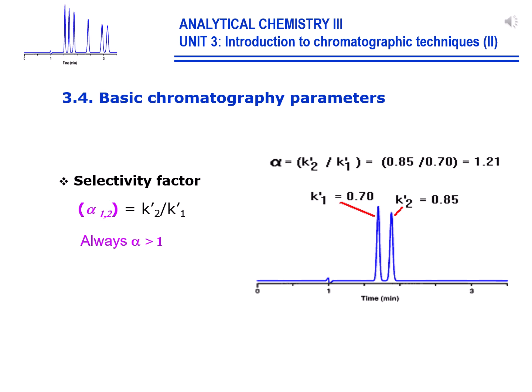This is a dimensionless quantity. However, this parameter doesn't take into account the width of the peaks, which also determines the quality of a separation. This consideration is taken into account by resolution, the next chromatographic parameter we're going to see.